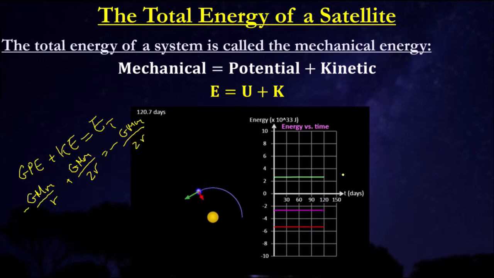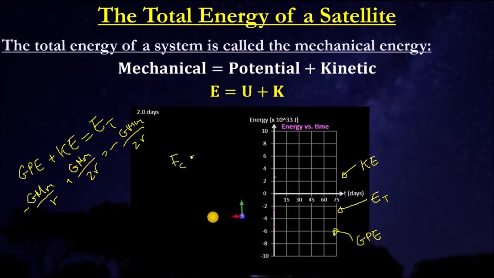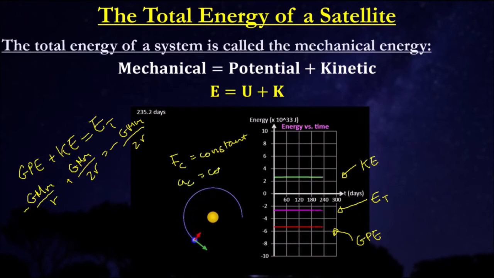So what we can say here is the green line is the kinetic energy of our rotating orbit. This red line here is our gravitational potential, and this purple line is our total energy. You can see here that the centripetal force is constant because we have a uniform circular motion. We can also see that the centripetal acceleration is constant, and also the orbital velocity is constant because we have a perfect circular motion.